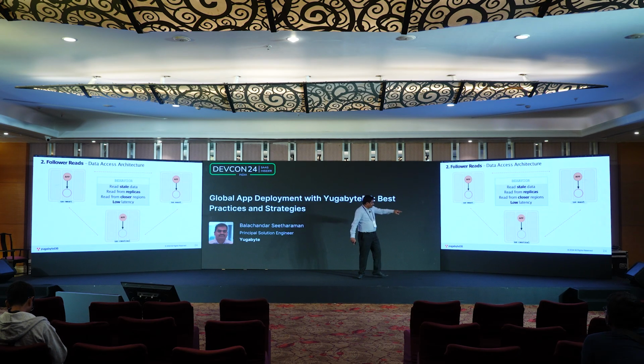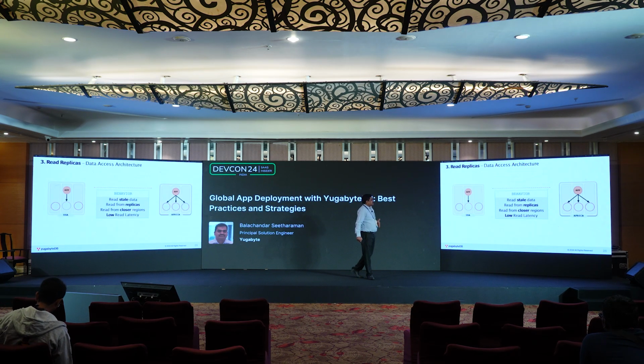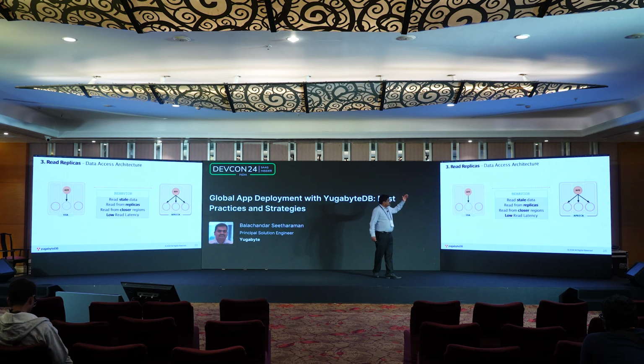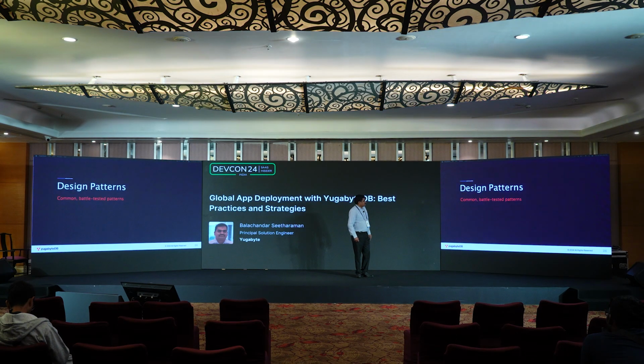That means if you write something, the data may not be immediately available, maybe a lag of a millisecond or a second. Whether you are okay with that depends on your application design and how you take that call. This is a common pattern which you all know, the read replica, where you either read stale data or read from the replica for lower latency.